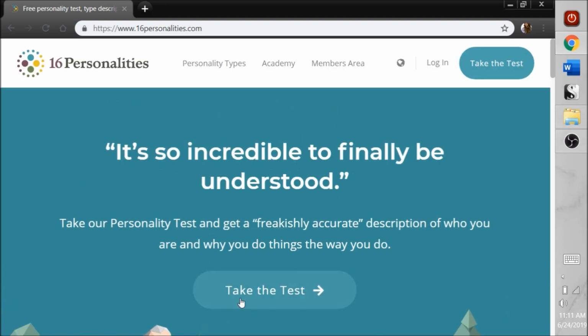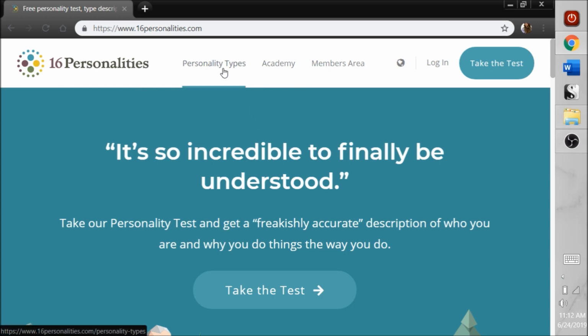Now, I did not take the test myself for my characters. I did take the test for myself and discovered that I am an INFJ, but I didn't take the test for my characters. I just read through the personality types, which I'll show you in a minute. But first things first, I want to show you some of the other things the site has to offer that I'm not going to go into detail on.